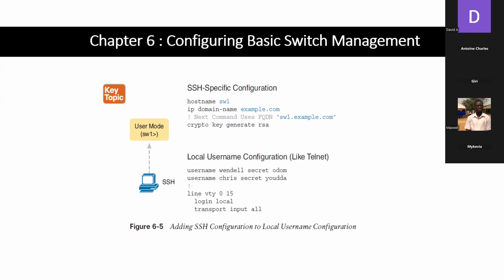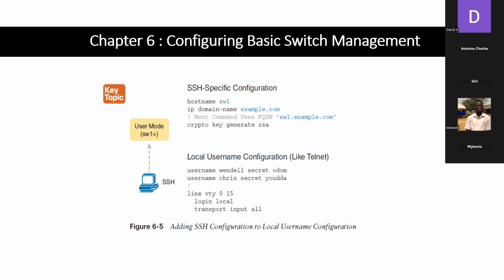Again, SSH can use the same local login authentication method as Telnet, and of course those external AAA servers that we've talked about before, it can use all of that. But it is recommended by myself, not Cisco. Cisco can't give you recommendations to use SSH.